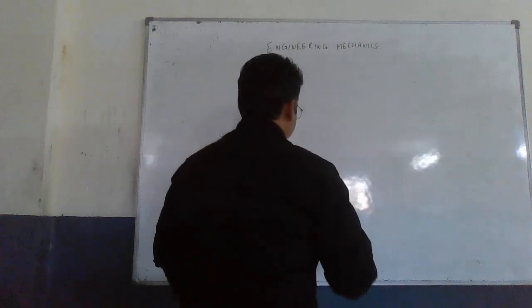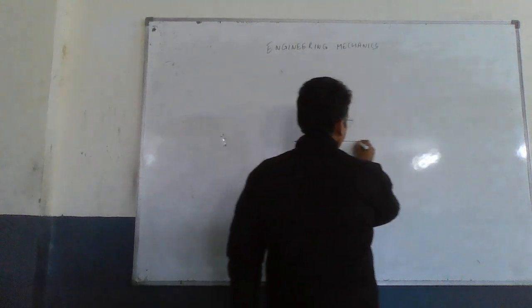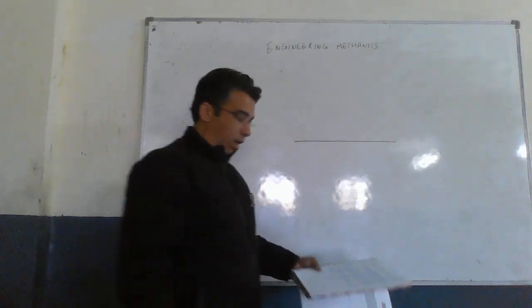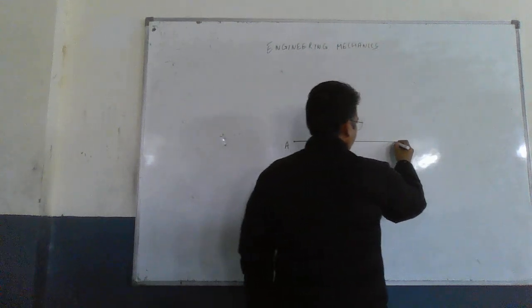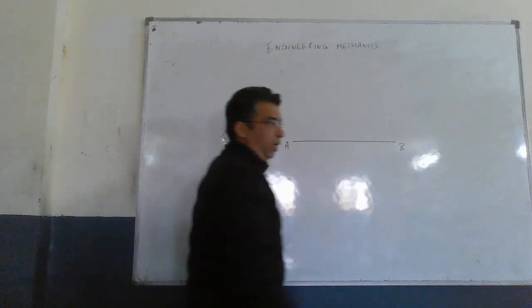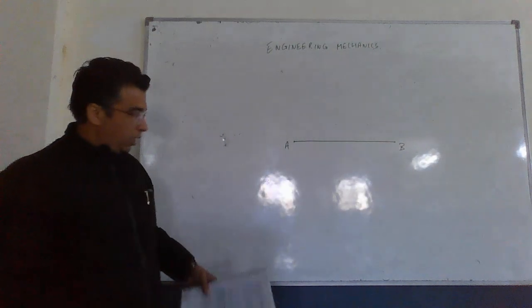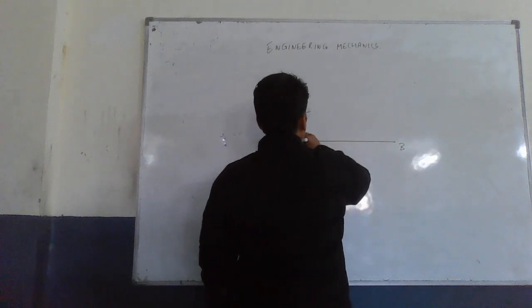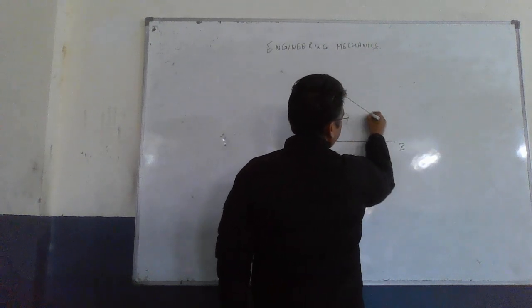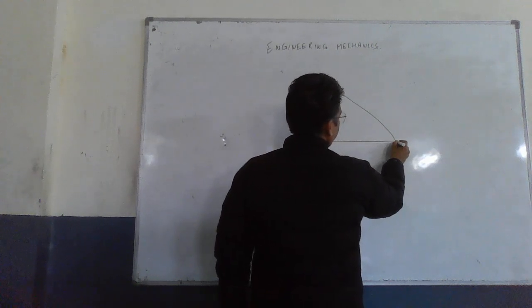Now suppose we have a line, write down this line as A and B. अब सिमिलरली आप एक ट्रायंगल क्रिएट कर दो ऊपर की साइड, ठीक है.